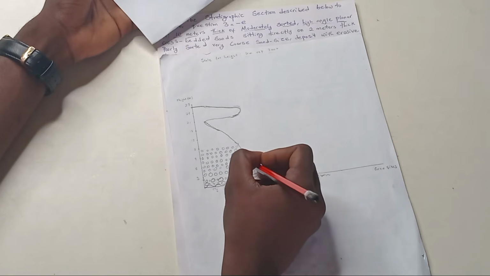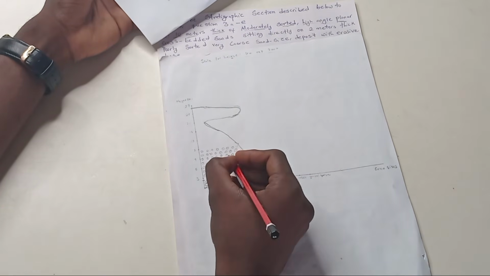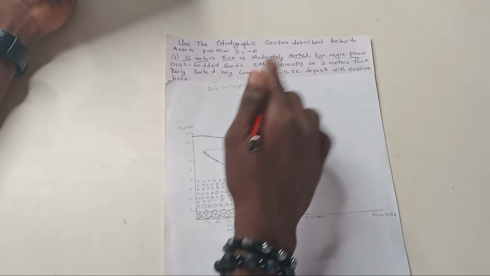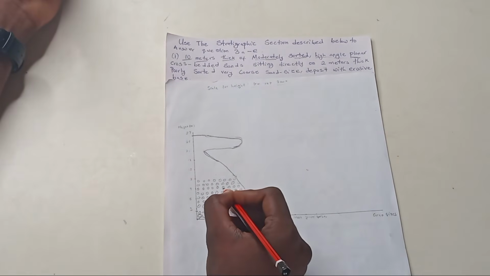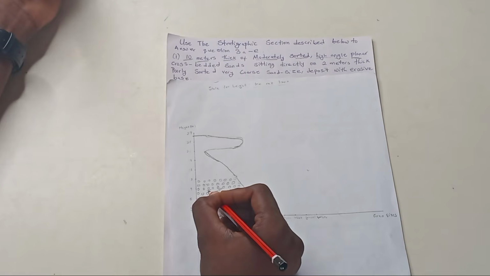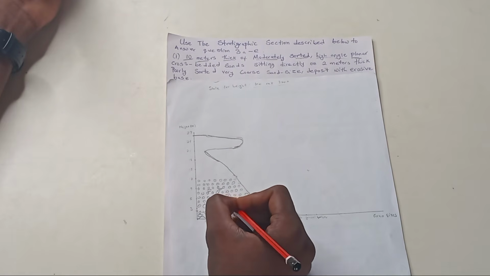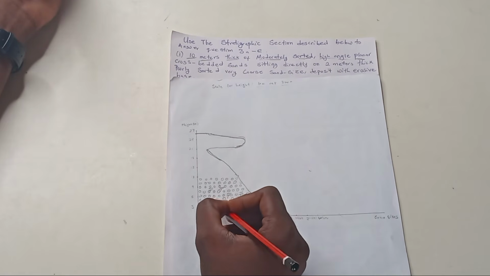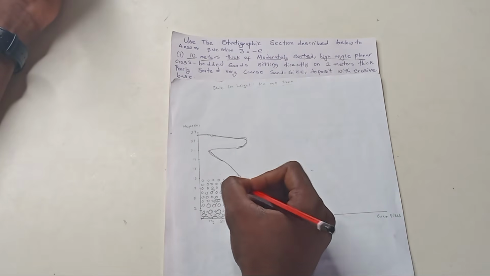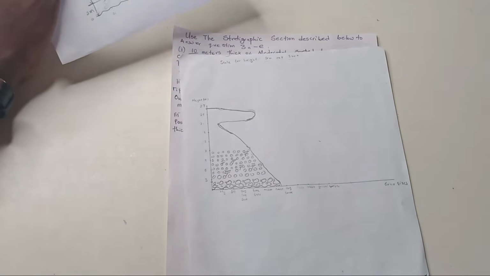They are well sorted. Inside them you can put your planar design, because they call it high angle planar cross bedded. So planar is this. High angle planar cross bedded sandstone. Okay, so we've done that.